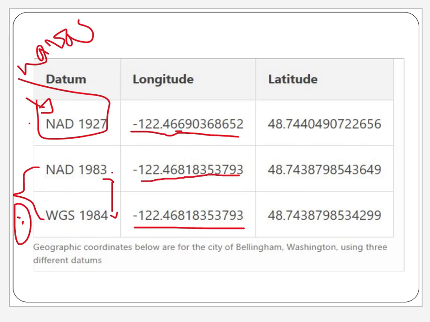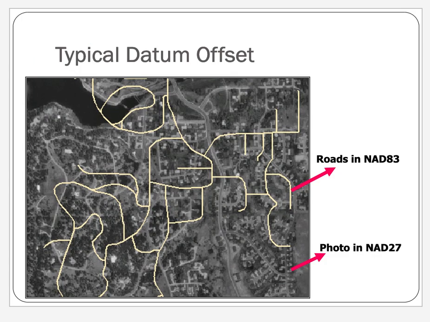So again, the underlying datum and spheroid to which coordinates for a data set are referenced can change the coordinate values. Here we could see the white lines are the roads in NAD 83, and the photo is in NAD 27.